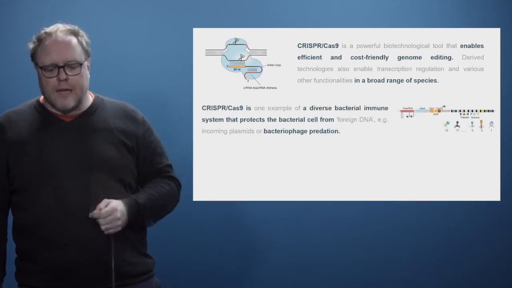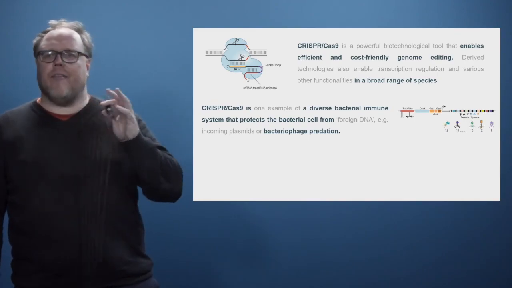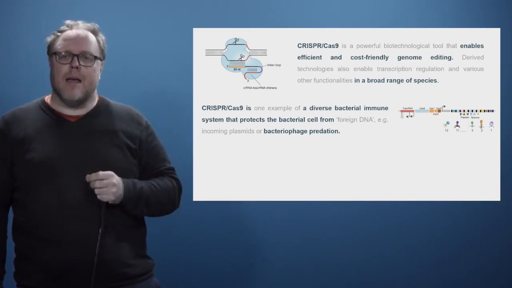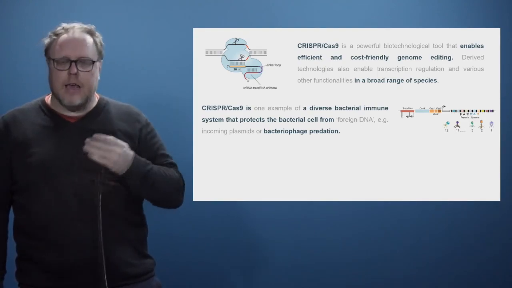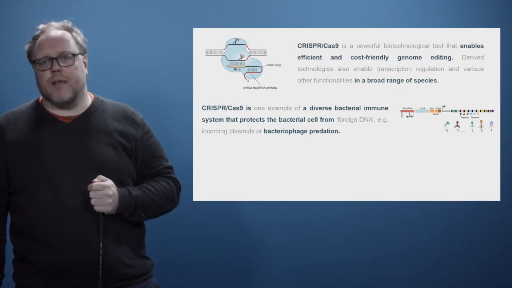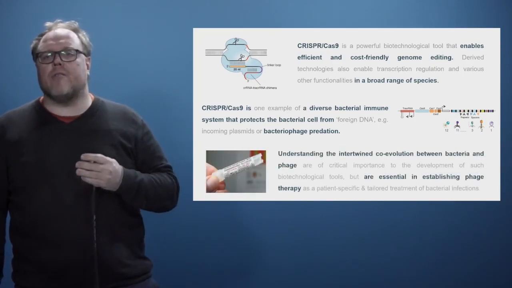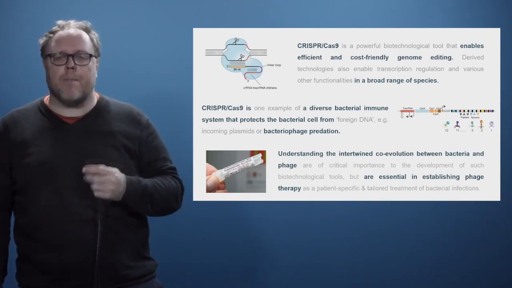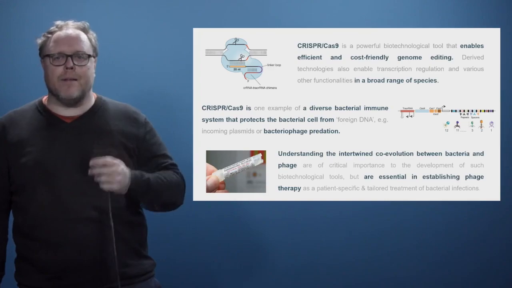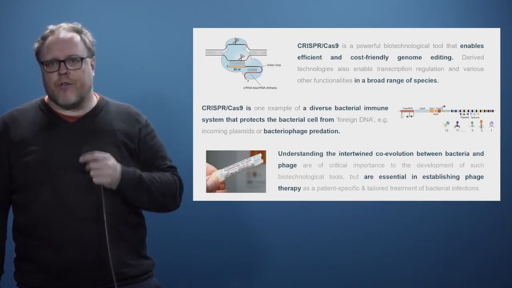I've also shown you that the CRISPR-Cas system is just one example of a diverse bacterial immune system that protects the bacteria against foreign DNA like bacteriophage predation. And this is, of course, one of the many factors that we have to take into account if we want to introduce phage therapy as a therapeutic complement to treat dangerous bacterial pathogens. Thank you for your attention.